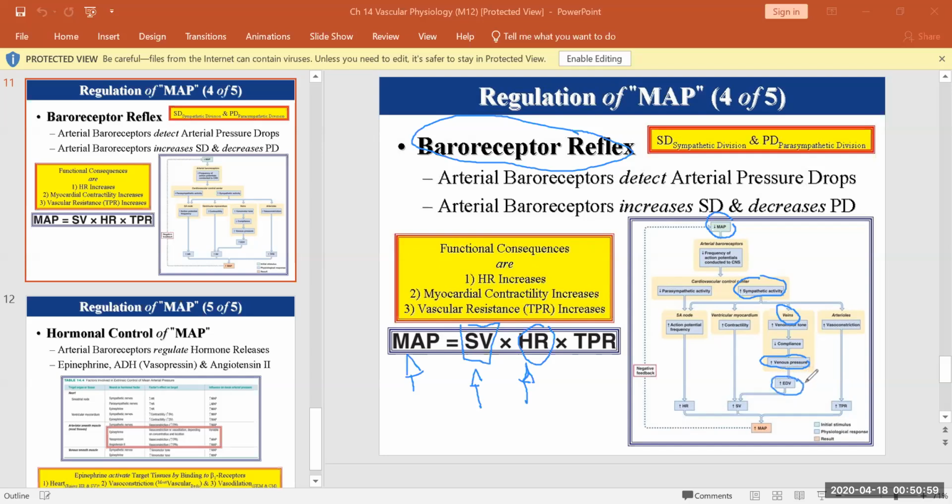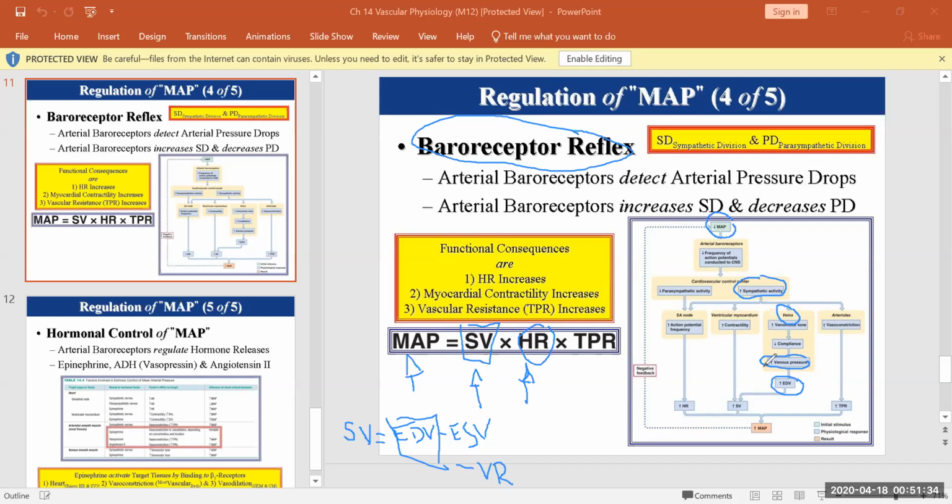end diastolic volume, right? That equation you have to rewrite here. Stroke volume equals EDV, this is from chapter 13, minus ESV, end systolic volume, right? So this here depends on venous return, VR, the amount of blood that goes back to the heart.